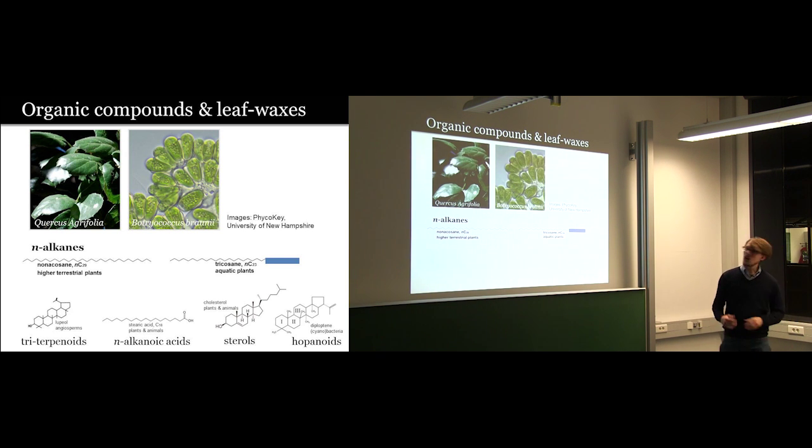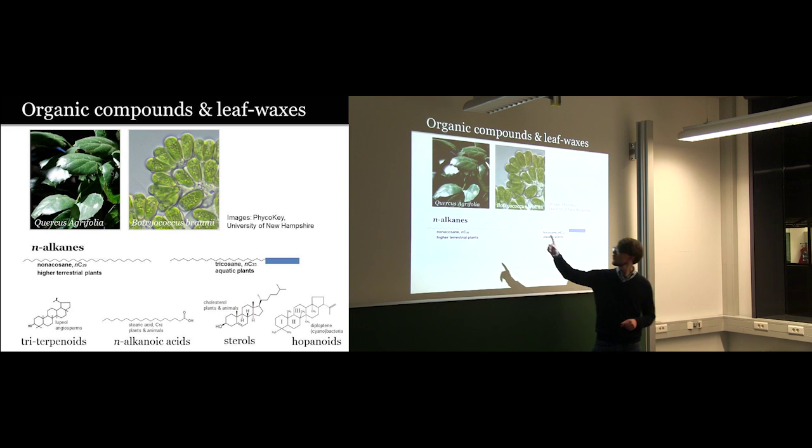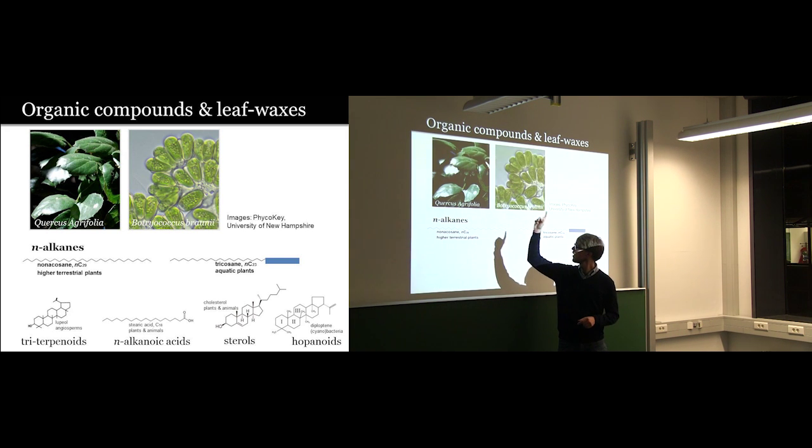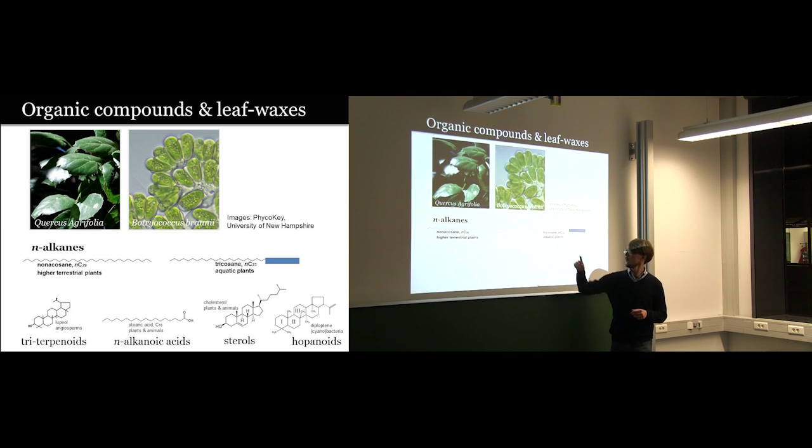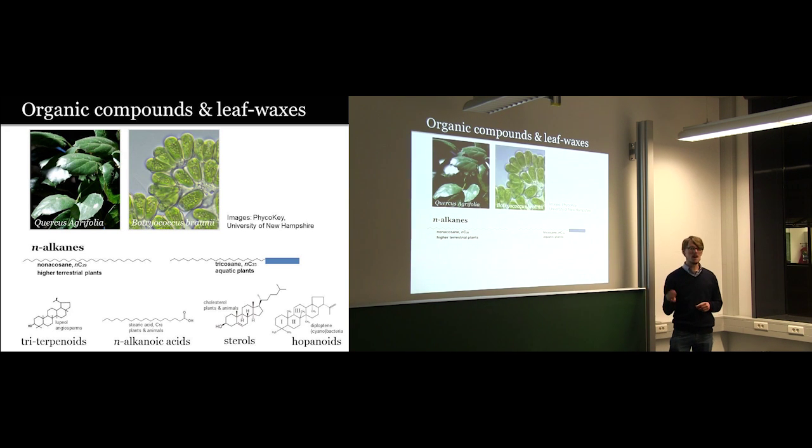And n-alkanes are carbon bonds. So for example, in this case, this is a carbon chain, and at each carbon you have attached hydrogen. And this hydrogen is derived again from the environmental water at that time, so that you can analyze it.